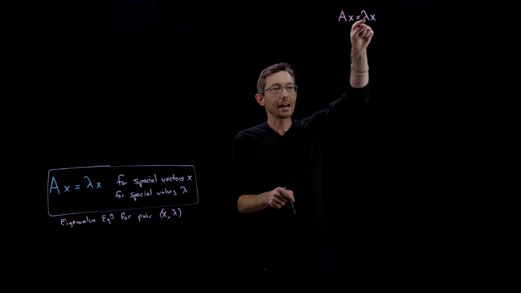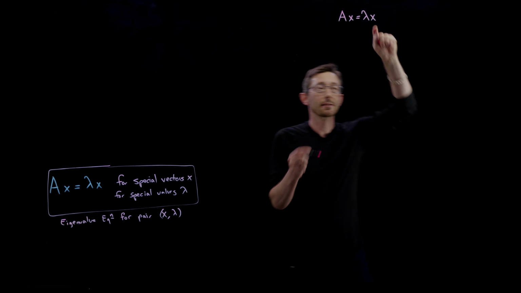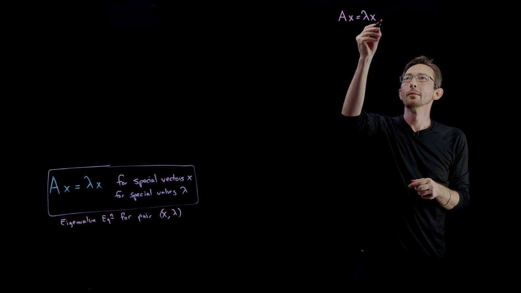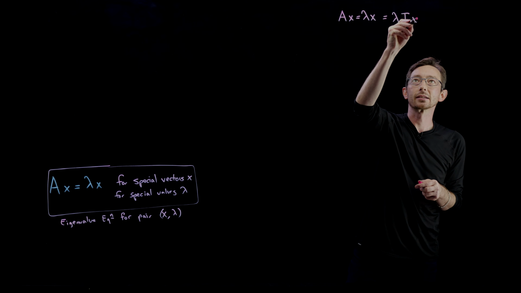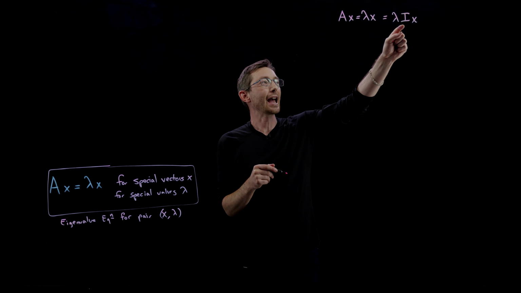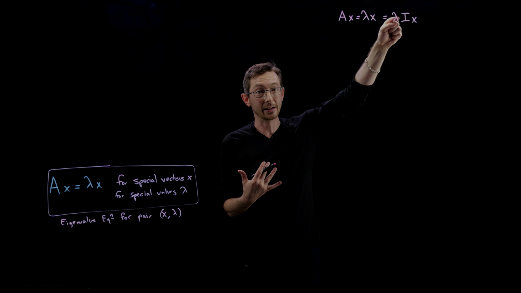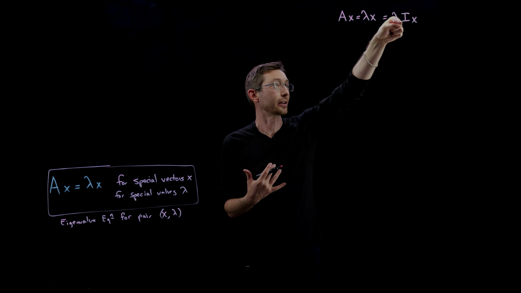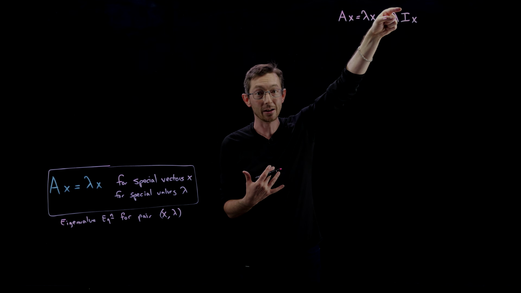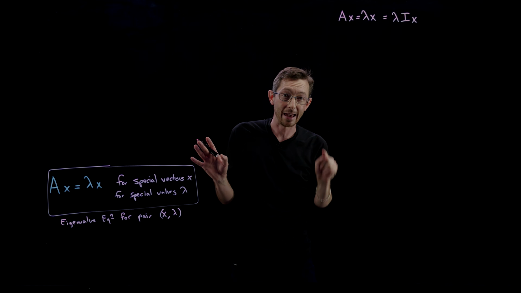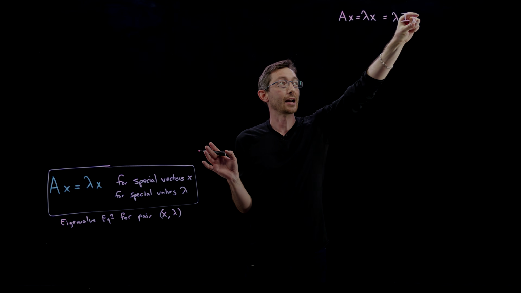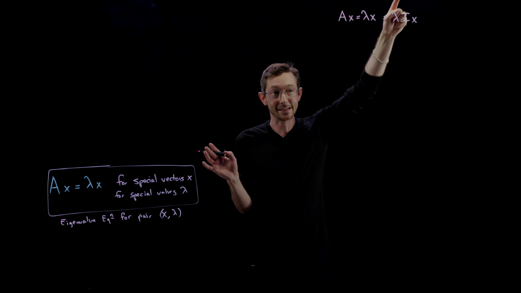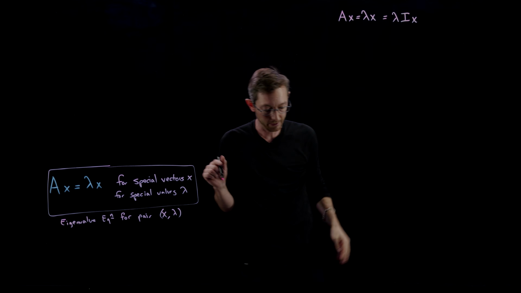You can always do this with matrices. You can say that lambda, just a number times a vector x, is the same as that number lambda times the identity matrix times x. Because any vector x is just the identity matrix times that vector x. So I can pop in a matrix I here. If you are confused by that, pause and write this out with an identity matrix times x and convince yourself that that is exactly just x. It's totally fine.